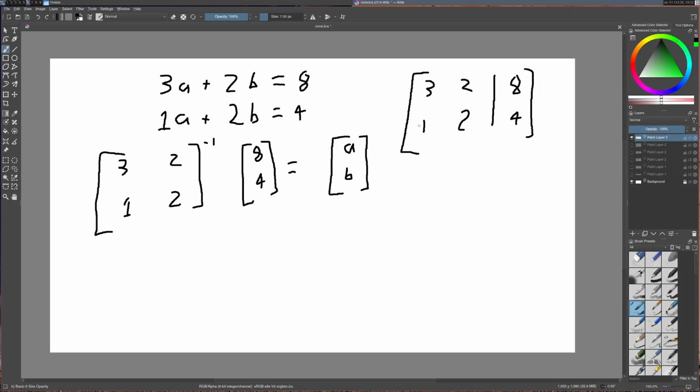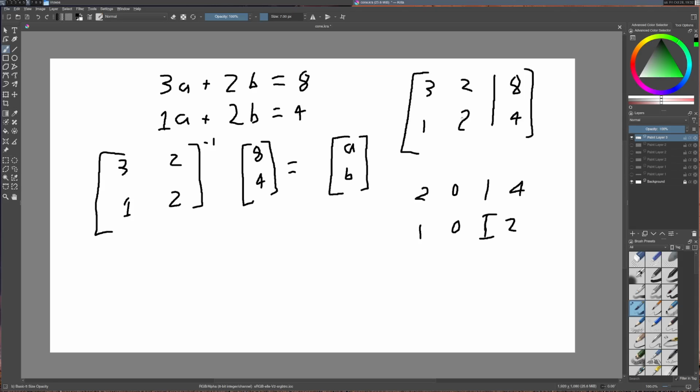So let me do this real quick. What you would first do is you subtract the bottom one from the top. That would give you 2, 0, 4. We divide this by 2 to just get a 1. So 1, 0 equals 2. So we know that a equals 2. Let's make this look like a 1 so it looks a little clearer.